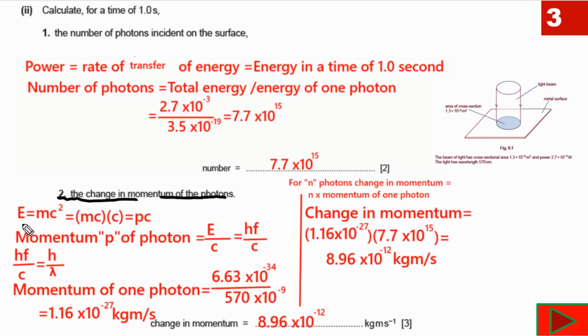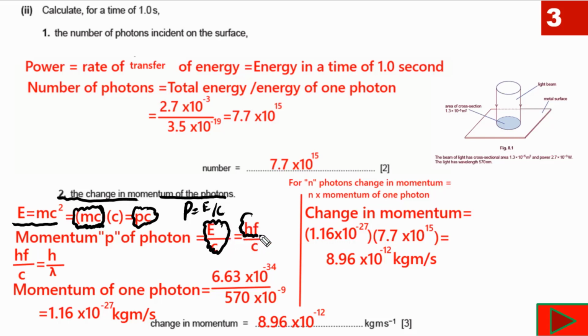Now as we need to calculate the change in momentum, we understand E is equal to mc squared. We can rearrange this a little bit. So this is the momentum, meaning mass times velocity. We can say E is equal to pc, or the momentum is equal to E divided by c. So here this is the momentum of a photon.